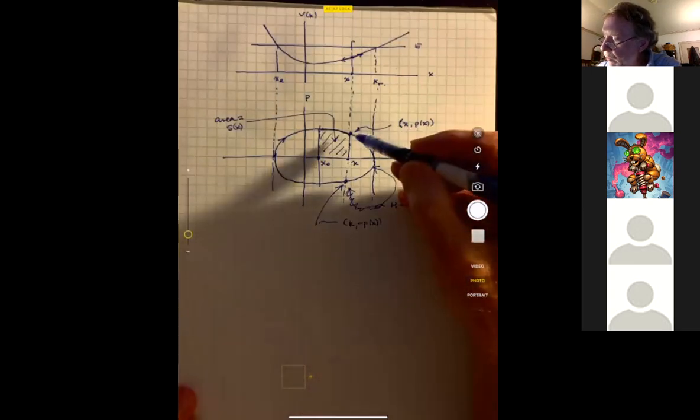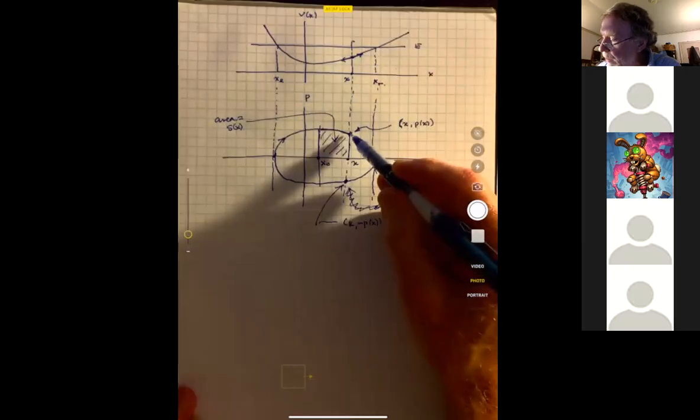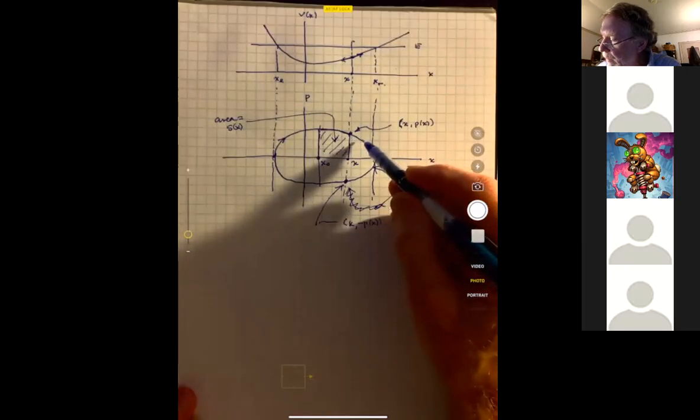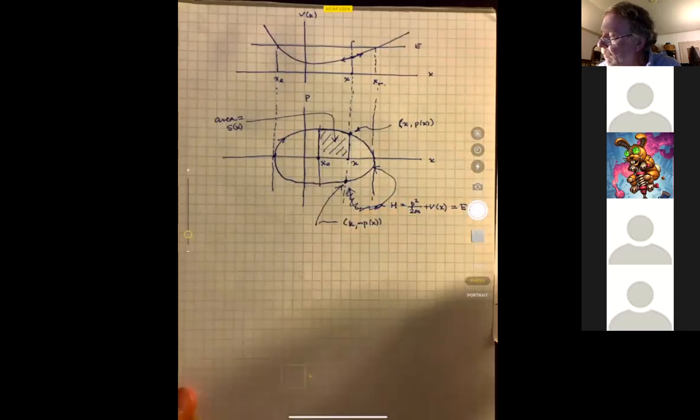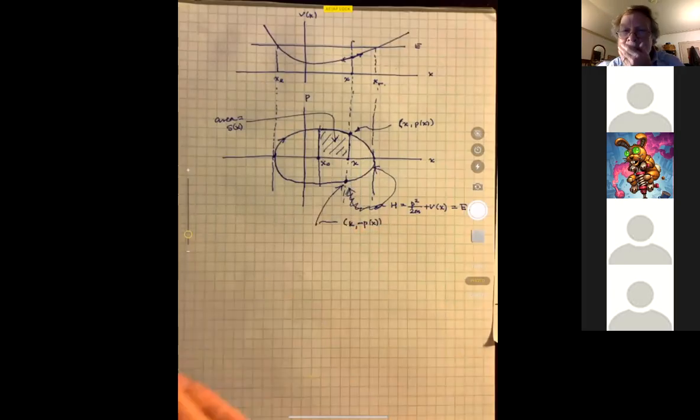So if I picture a particle in the orbit, going to the right now because it's got a positive momentum, as it moves along, the area under the curve increases as a function of time. And what that's saying is that the particle that's carrying the wave forward, as it's moving according to the classical equations of motion, in some sense has an integrator along with it. It integrates p dx. And what that gives us is S, which divided by h bar is the phase of the wave function.